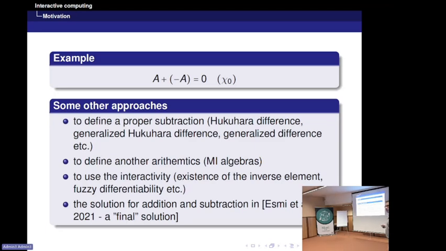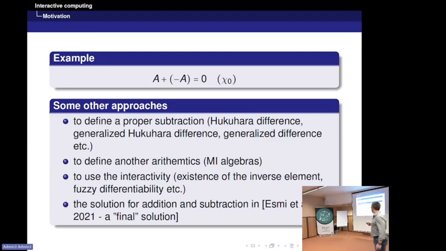And it's also possible to use the notion of interactivity. Interactivity is quite a powerful instrument. In fact, in some cases, it ensures the existence of the inverse element, for instance. So we can use some subtraction with some nice conditions.